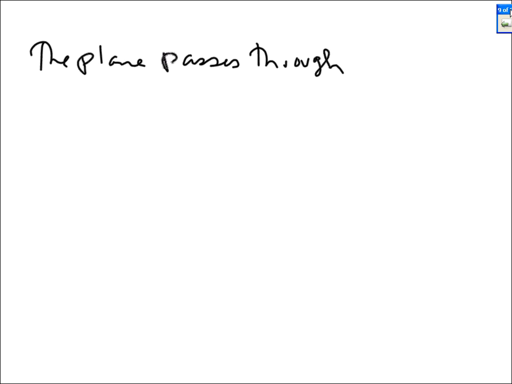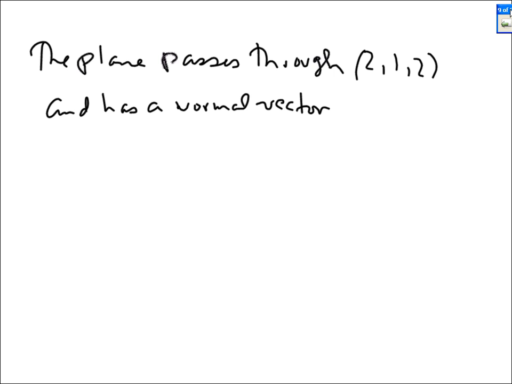Now, suppose you were asked this. Suppose the plane passes through a given point, 2, 1, 2, and I'll give you the normal, and has a normal vector n equal to i.